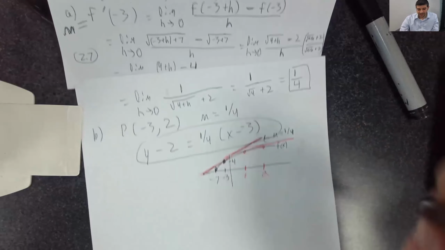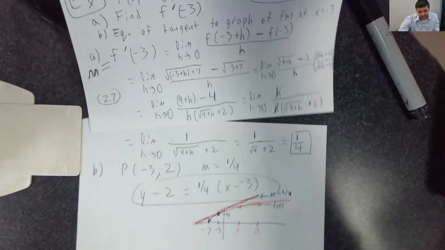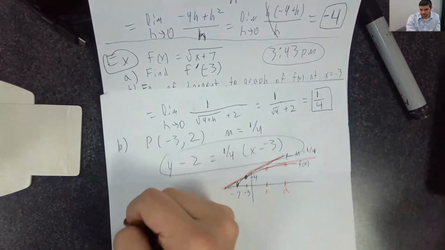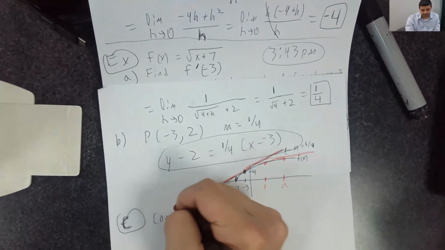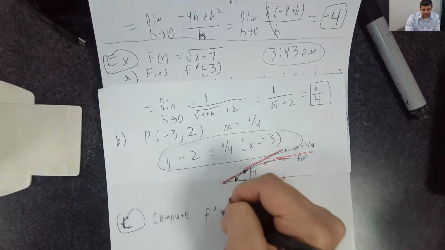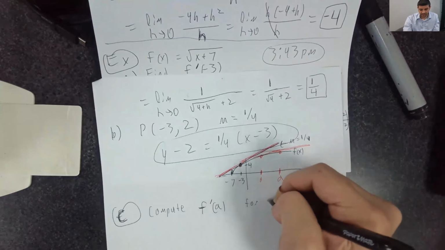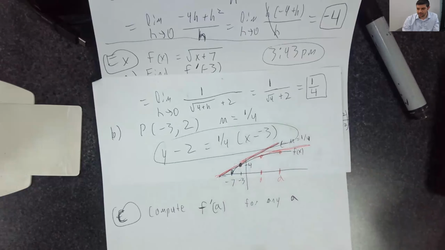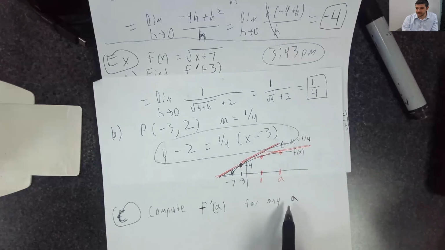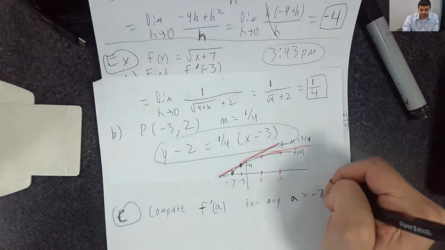If they ask you, and I think one of the WebAssign questions is like this, it's still the same function, but let's say part C, compute f prime of a for any a. I guess the a has to make sense, so it has to be in the domain here. So a is greater than -7.